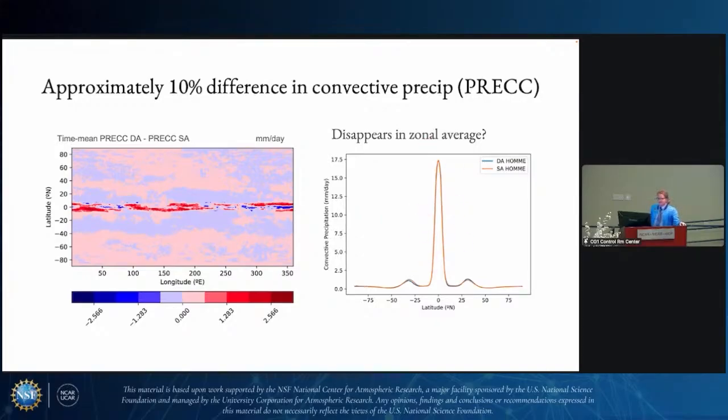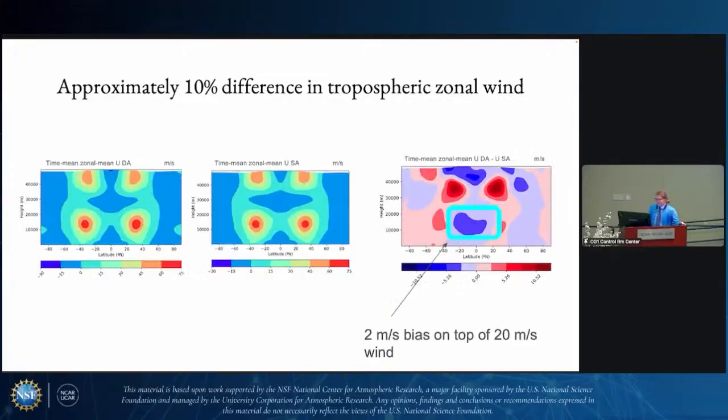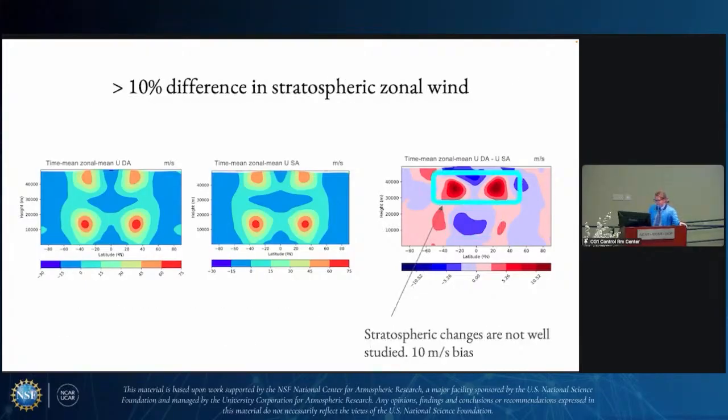The physics package that I'm using here is EAMv1 within E3SM, so that doesn't exhibit a double ITCZ. But you have similar changes in the zonal wind structure, the sort of 10% relative bias that you would expect from linear theory within E3SM. And hang on, we'll talk more about the reasons behind that in a minute.